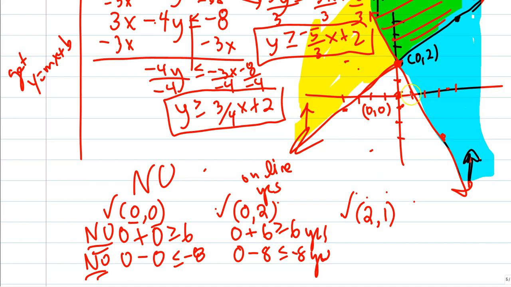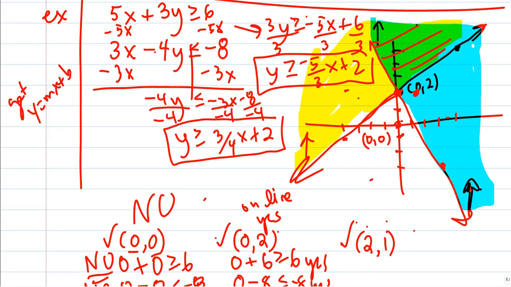What about 2, 1? Well, 2, 1 is right here. It's in that blue region, right? Well, when I check it algebraically, the first equation, 5 times 2 is 10, plus 3 times 1 is 3. Is 13 greater than or equal to 6? Yes, it is.